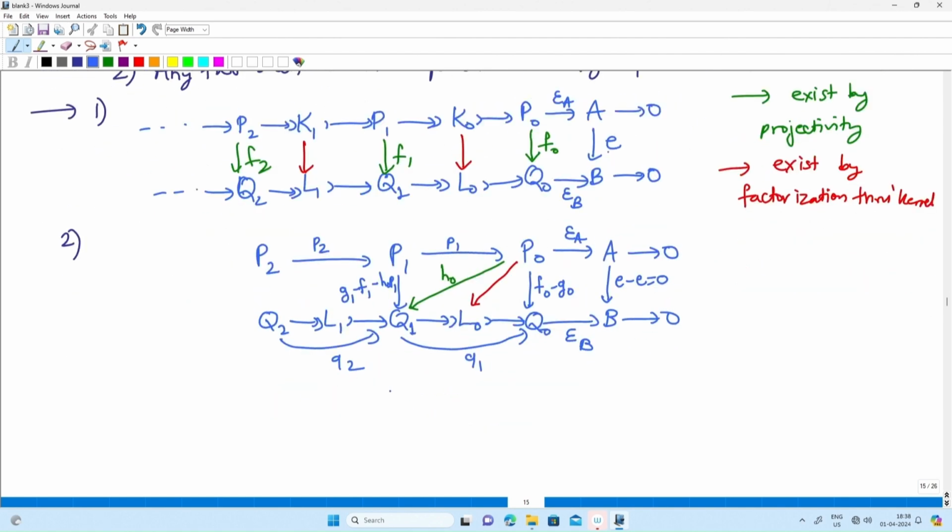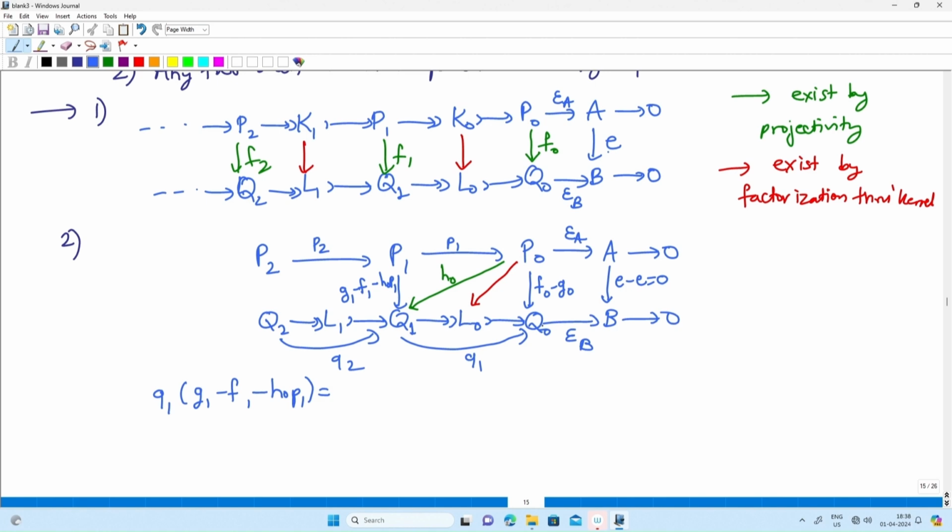The reasons are still the same, yeah? I mean, green arrows and red arrows exist for the right reasons. Okay, so G1 minus F1 minus H0 P1. Does this diagram commute? So Q1 composed with G1 minus F1 minus H0 P1 is what? Well, I can write it.